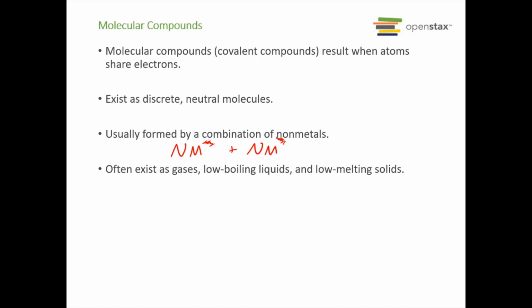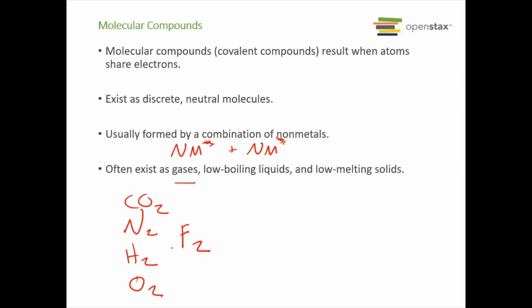So when we think about molecular compounds, you'll often see those as gases. So think of it this way. If you have CO2, how do you see CO2 in the world around you? This is a common molecular compound. We see it as a gas. In addition to that, some of your diatomic elements, which technically are molecules, you have N2, H2, O2, F2.